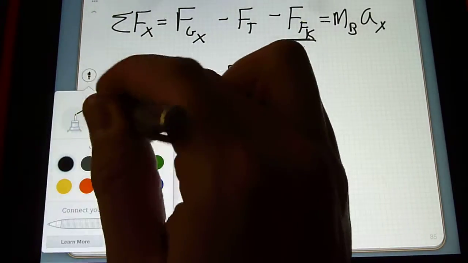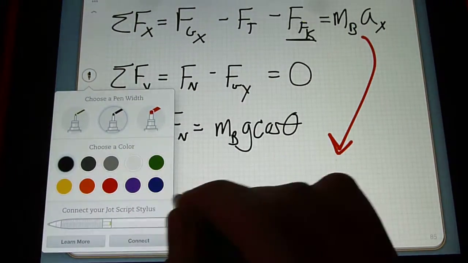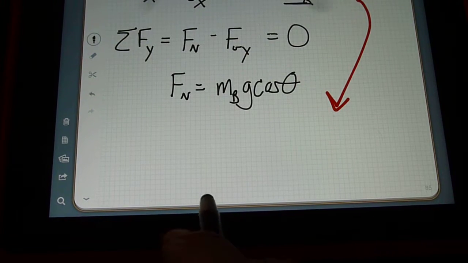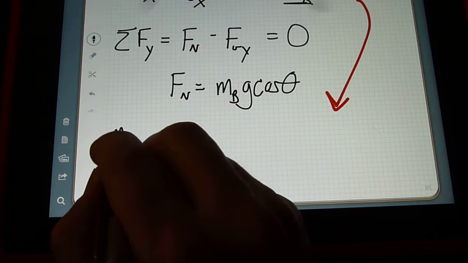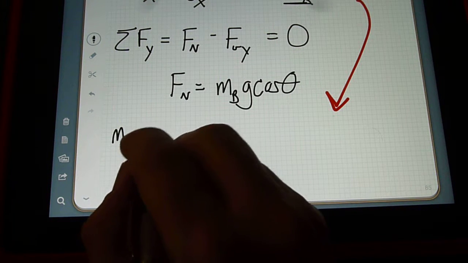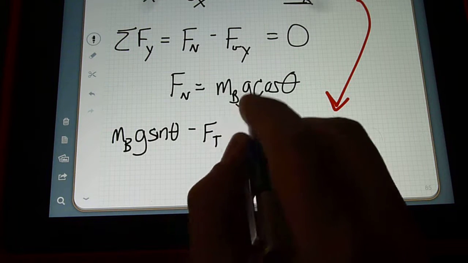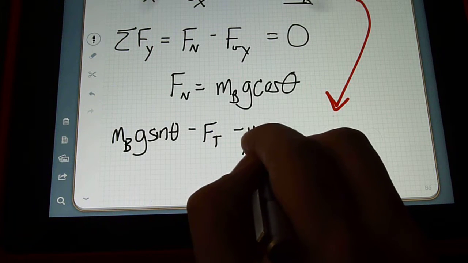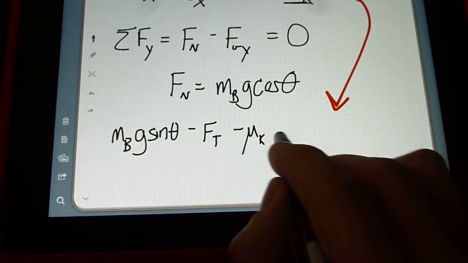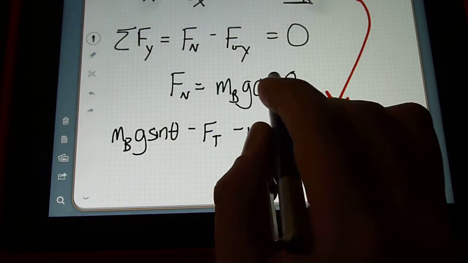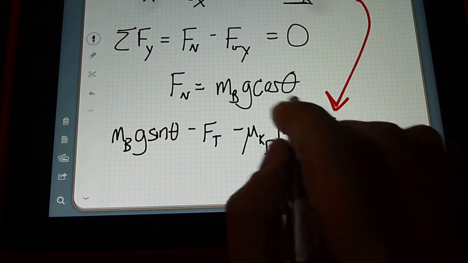So this first equation here is going to come down here, and my useful equation in the x direction is going to become m_B times g times the sine of theta, minus my tension force, minus mu k sub B for that second surface times my normal force, mass of block B times g times cosine of theta.